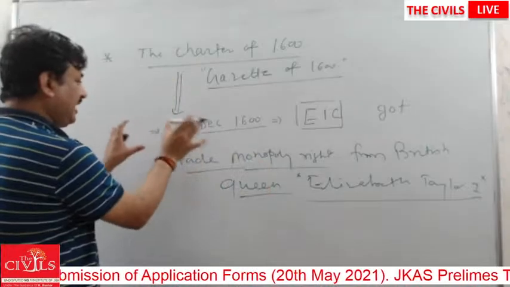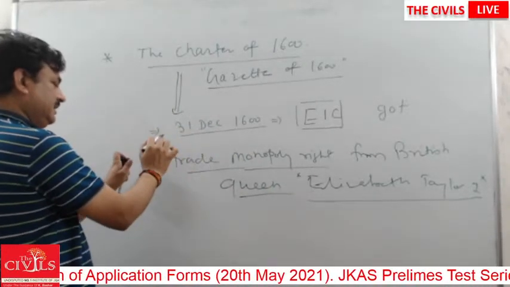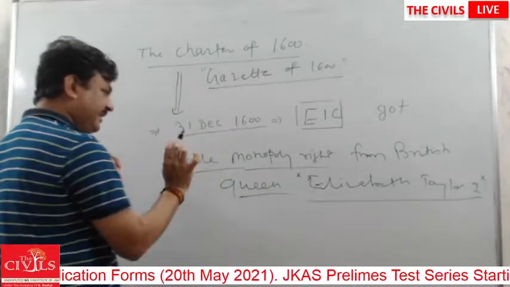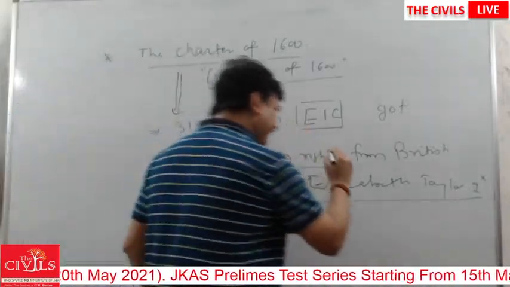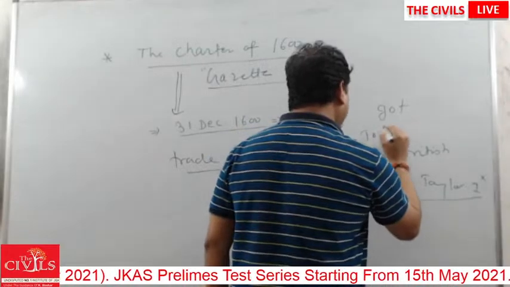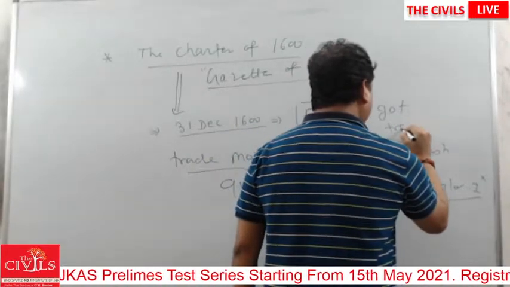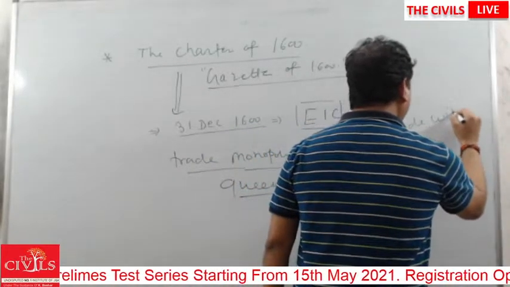So by this charter, the Charter of 31 December 1600, East India Company got trade monopoly rights to trade with the Eastern world.